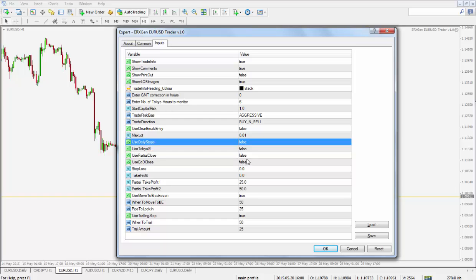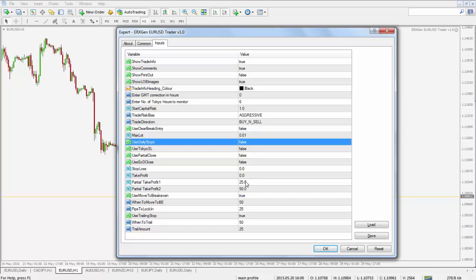Use partial close. With this set as true, the EA will close partial trades as you build up profit. So if you take a buy position and the trade goes in profit, and in this case take profit 1 is set at 25 pips and take profit 2 is set at 50 pips, and use partial close is set to true, when price gets 25 pips in profit, the EA will close half of the trade at 25 pips.